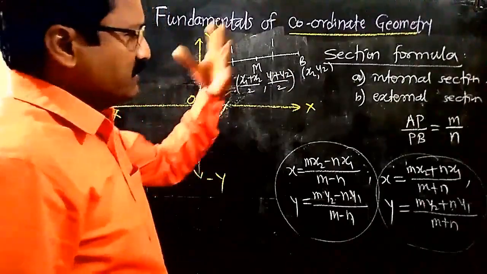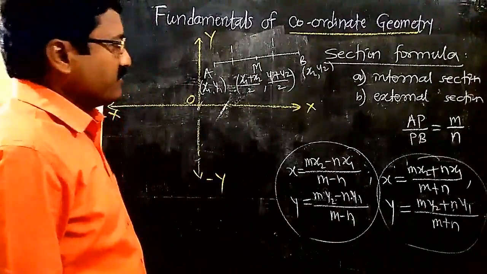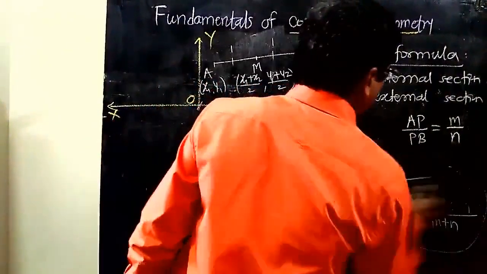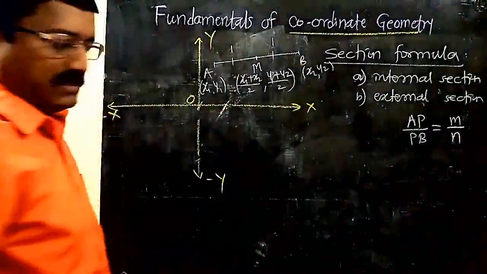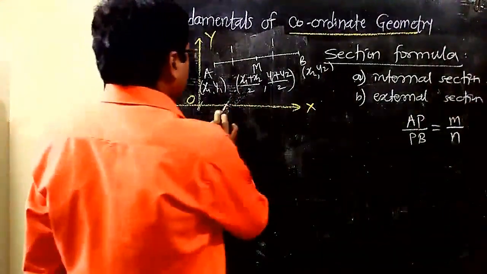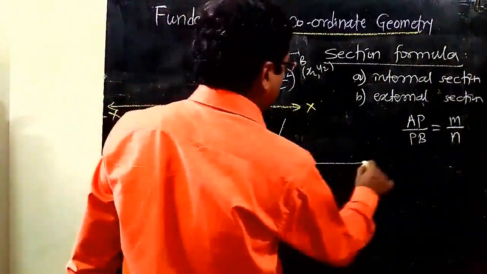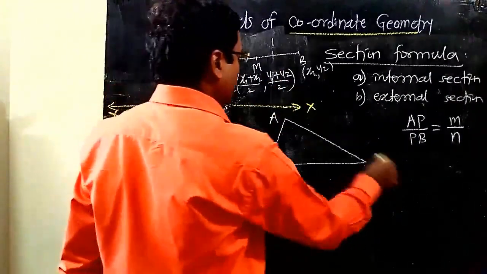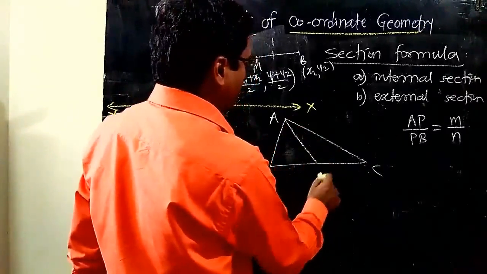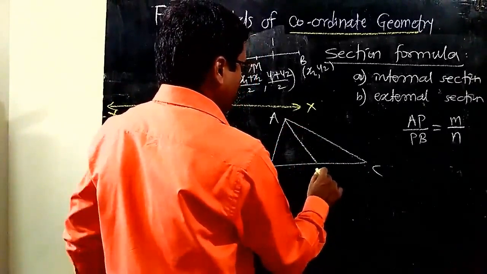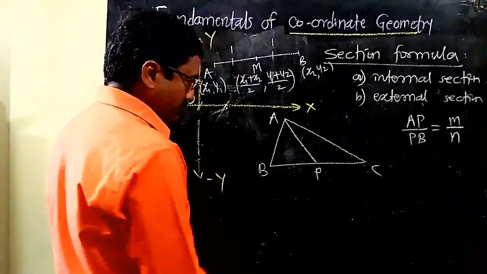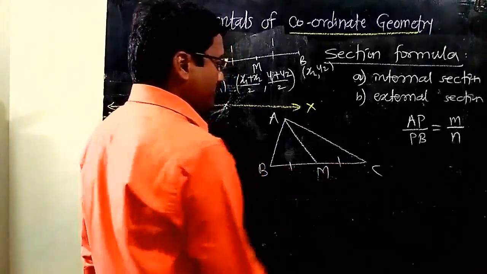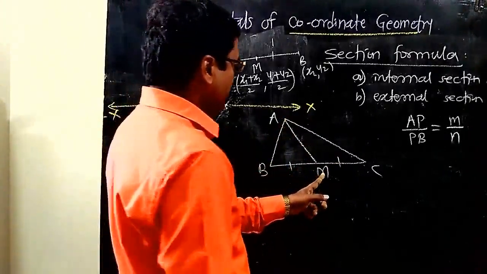After that there is one centroid formula. Let us see it also here because it will be useful while solving the examples from locus. You know the triangle, in triangle ABC, if you consider one median, suppose AM, then this M will be the midpoint because AM is a median.